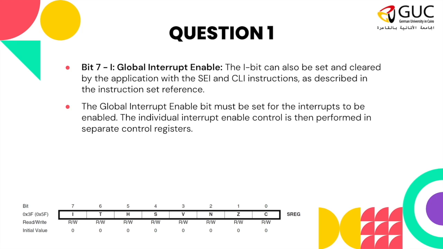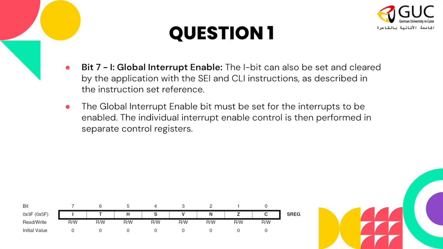We have multiple interrupts, and each interrupt has its own control registers. For example, if I want to enable the ADC interrupt, which informs me that the ADC operation has finished, I need to enable the local ADC interrupt in a specific ADC register. In order for this ADC interrupt to work, I need to enable the global interrupt enable in the status register, bit number 7 in the SREG, and also enable the local interrupt for the ADC.